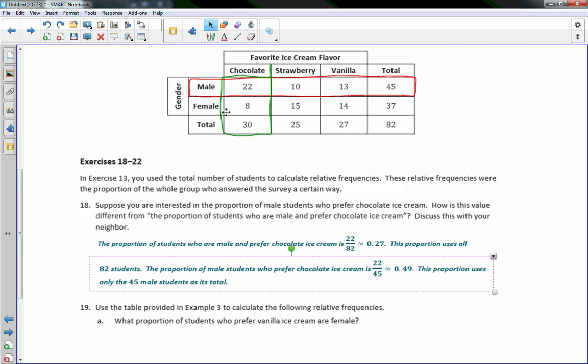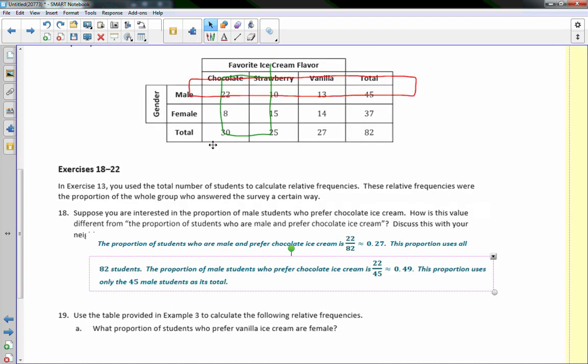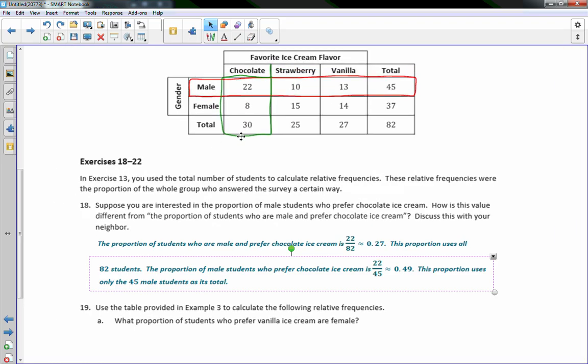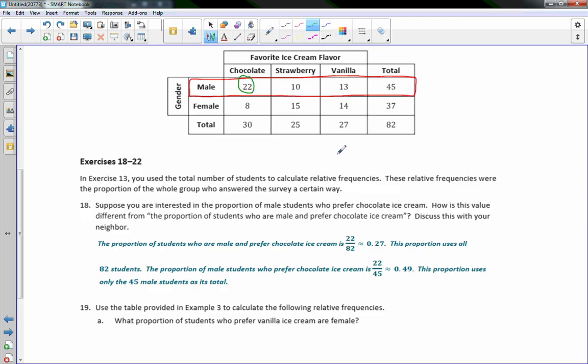So if I use this green square, I could say of the total students who preferred chocolate, how many were male? So the first thing that you read is what tells you the total. So I'm going to delete that green square here. Okay, so this says, suppose you're interested in the proportion of male students who prefer chocolate. Right there.